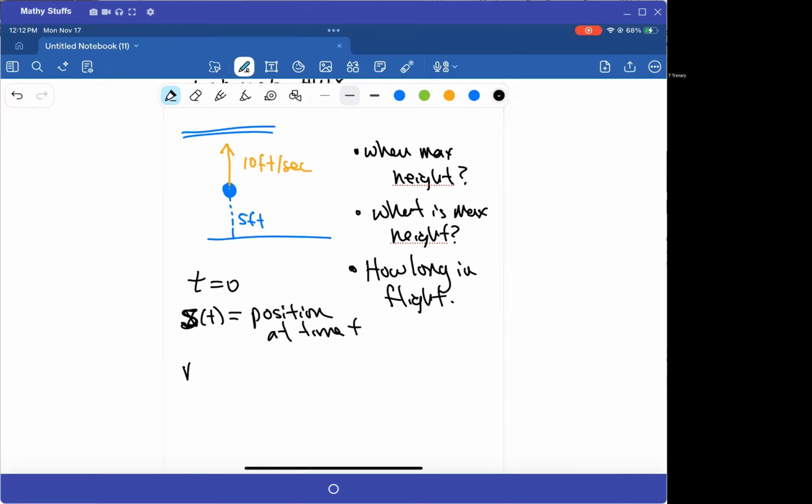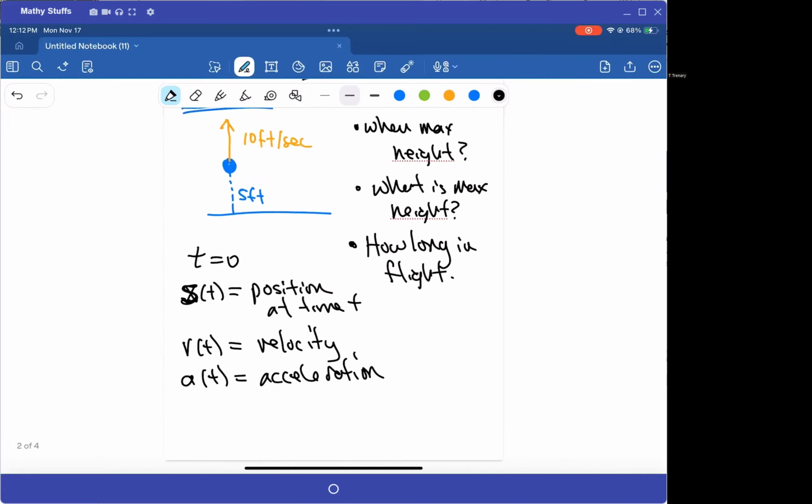And then v of t is equal to the velocity at that time, and a of t is the acceleration. That's how fast the velocity is changing.